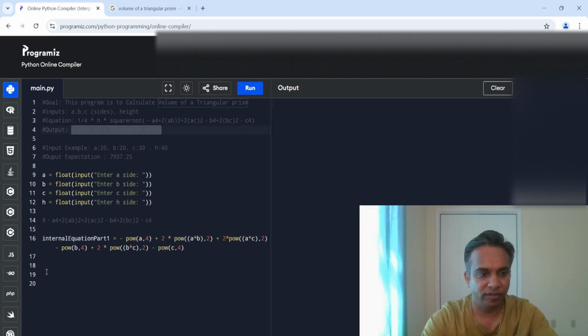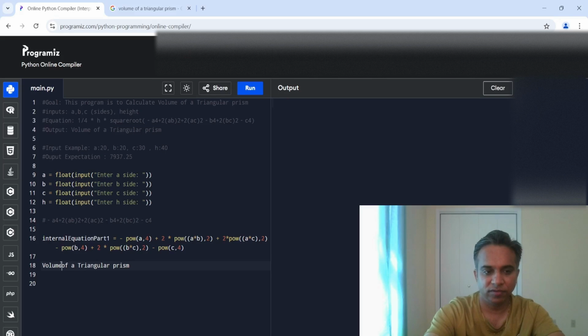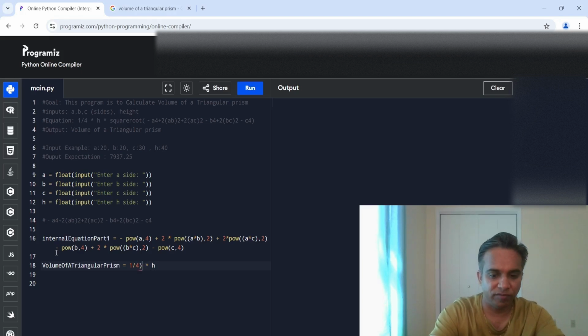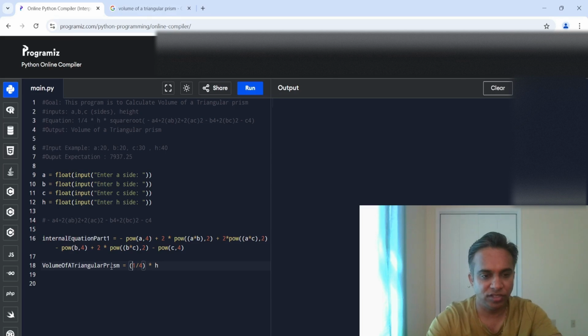And now we have the volume of the triangular prism. That equation is 1 divided by 4 multiplied by h. So let's get 1 by 4 first, multiply by h, multiply by its square root.